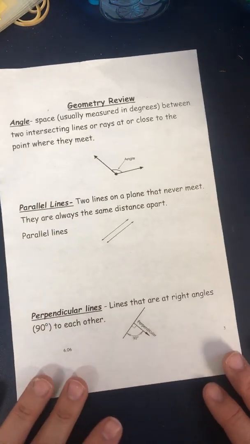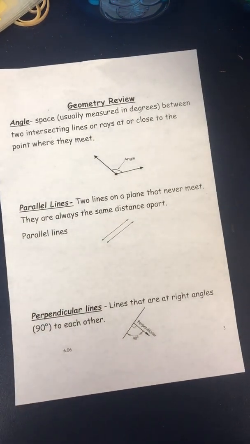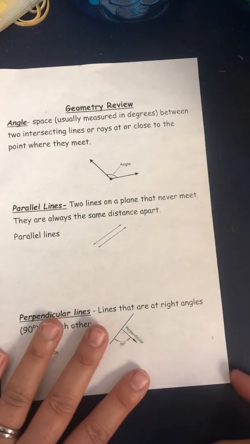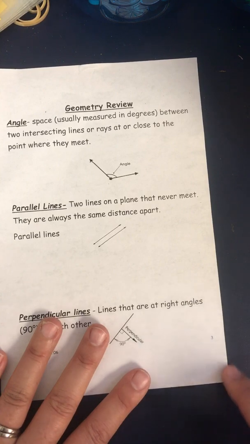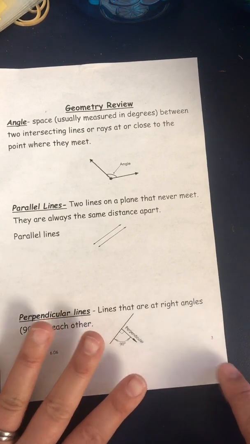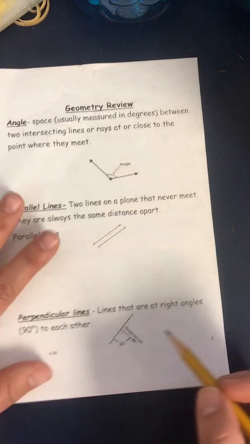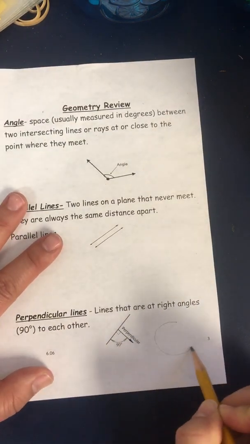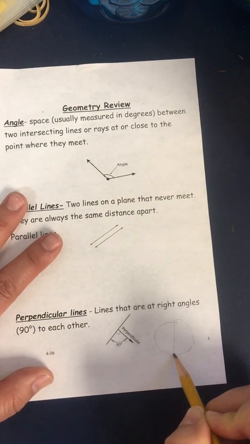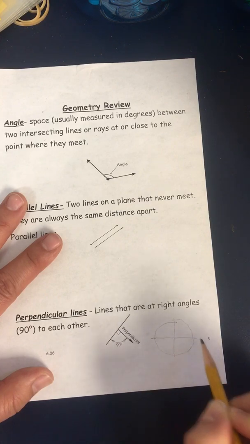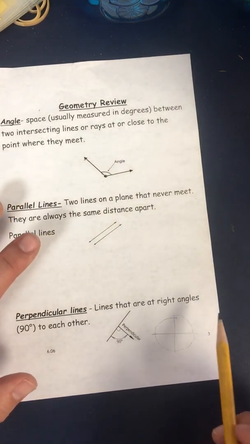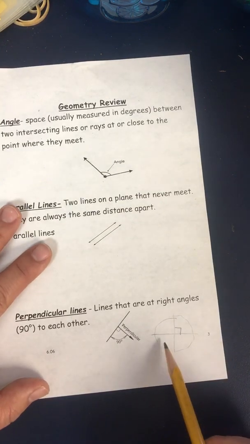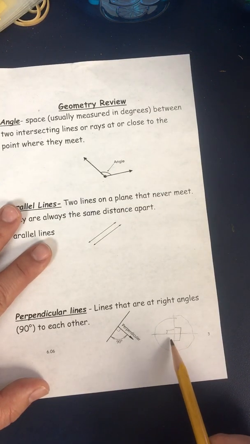Okay? Perpendicular lines are lines that make right angles or 90-degree angles to each other. Okay? So we kind of talked about how on a piece of paper, every corner is perpendicular. They make that 90-degree angle. We're going to talk later about circles and all the degrees inside of a circle, and there's 360, but if you just divide that circle into 4 equal parts, right here, these make 90-degree angles, okay?